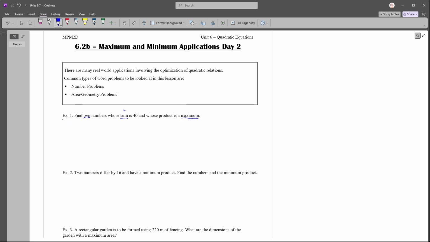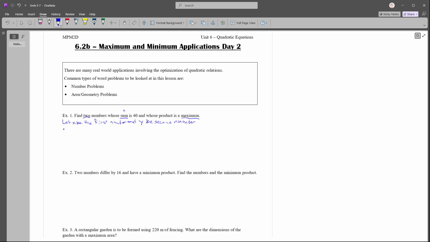Let x be the first number, and we'll let y be the second number. We don't know which number is bigger than the other. They could even be the same number. We don't know. That's going to change in future questions, but for now, that's about as much as we got.